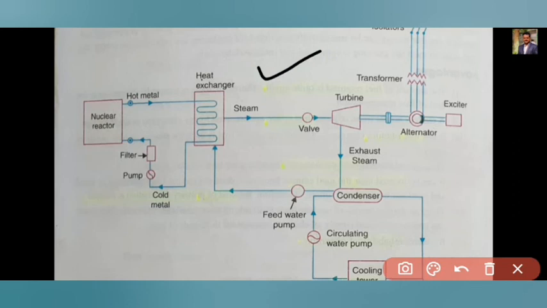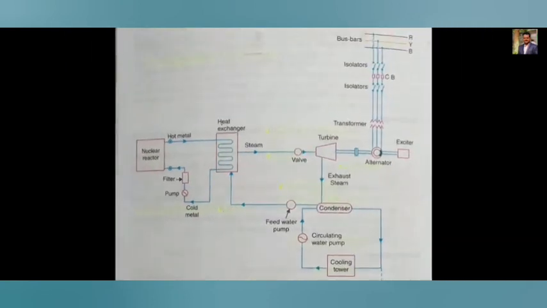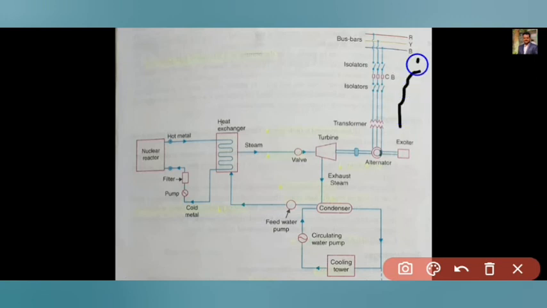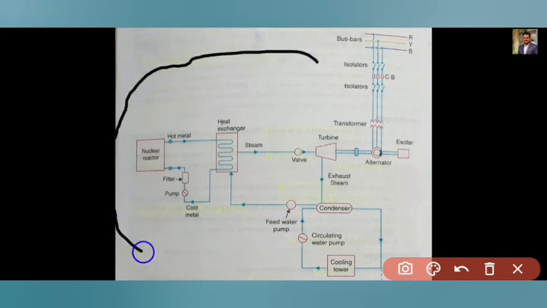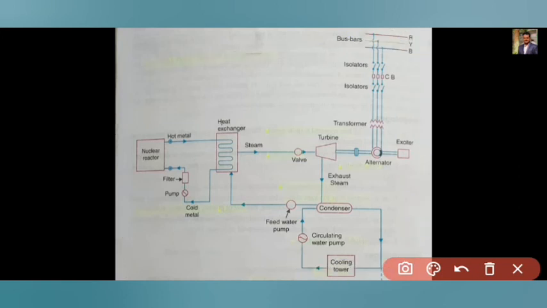If the plant is located near the load center, it reduces the cost of primary distribution, because after the production of electricity, we go to the distribution part. If we locate this plant near the load center, we can reduce its distribution cost. Another advantage is the reliability of operation.